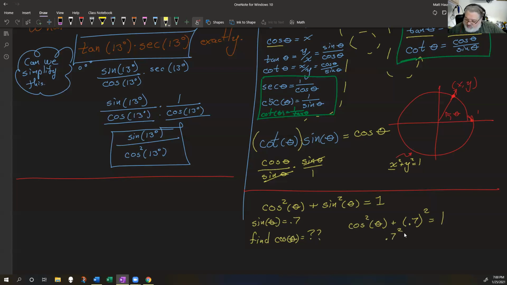So the cosine squared of theta equals 1 minus 0.7 squared, so 1 minus 0.49, or 0.51.